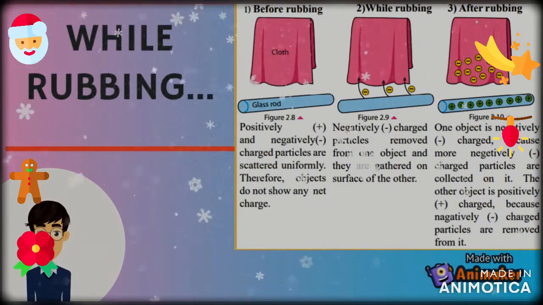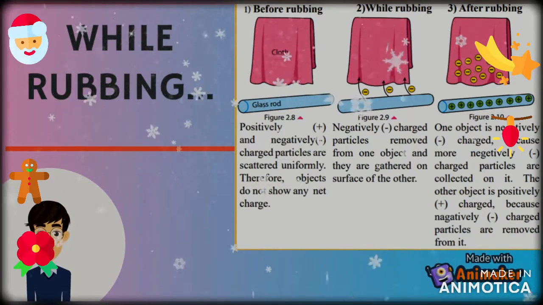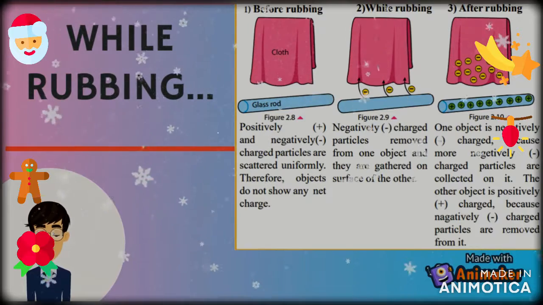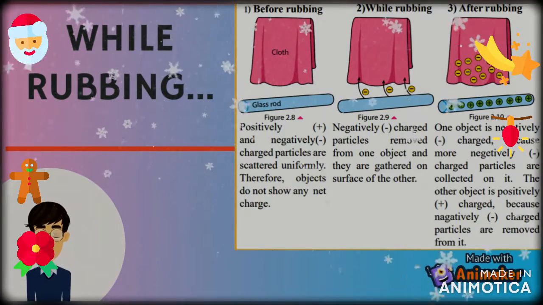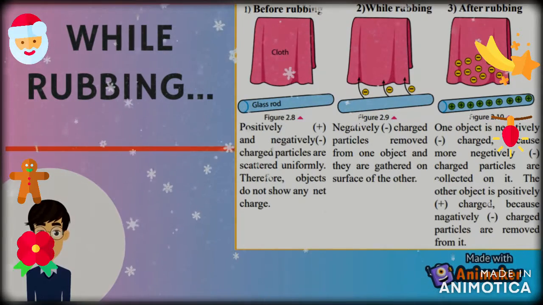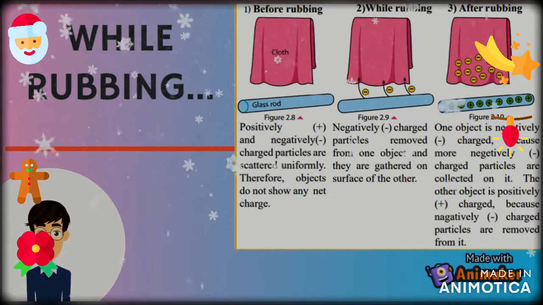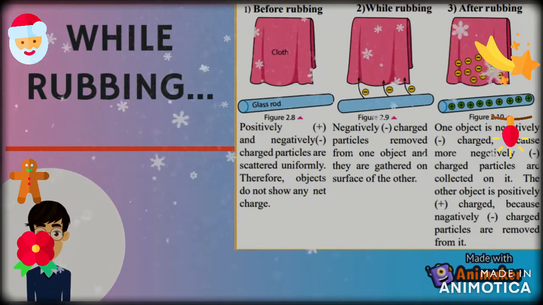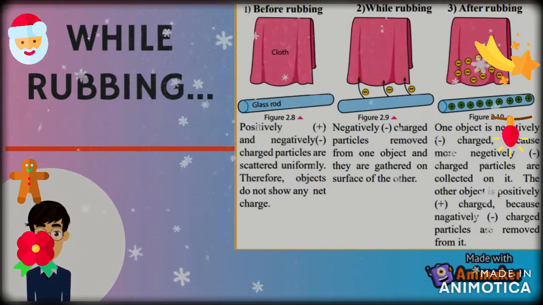However, while rubbing, negative static electrical charges, those are electrons, are removed from the glass rod and are gathered on the surface of the silk cloth. Then, the silk cloth has more negatively charged particles, while the glass rod is filled with positively charged particles.